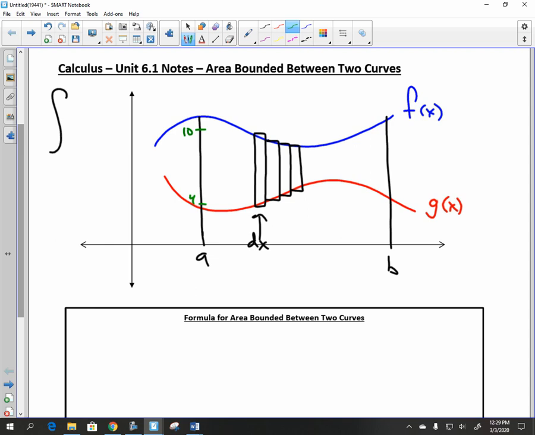So therefore, the area of one rectangle becomes the width, which is dx, times the height, which is f of x minus g of x. That's how we find the width of one rectangle and the height of one rectangle. That gives us the area.